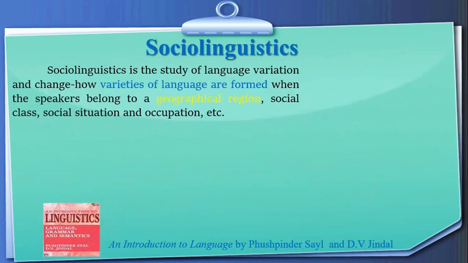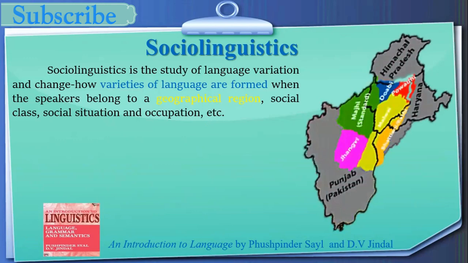Sociolinguistics is the study of language variation and change, how varieties of language are formed when the speakers belong to a geographical region, social class, social situation, or occupation. And here is the example.